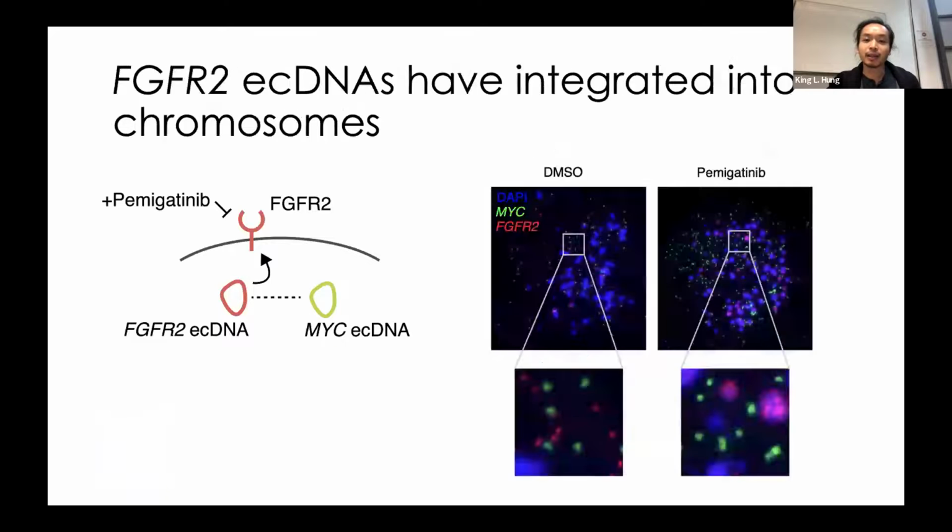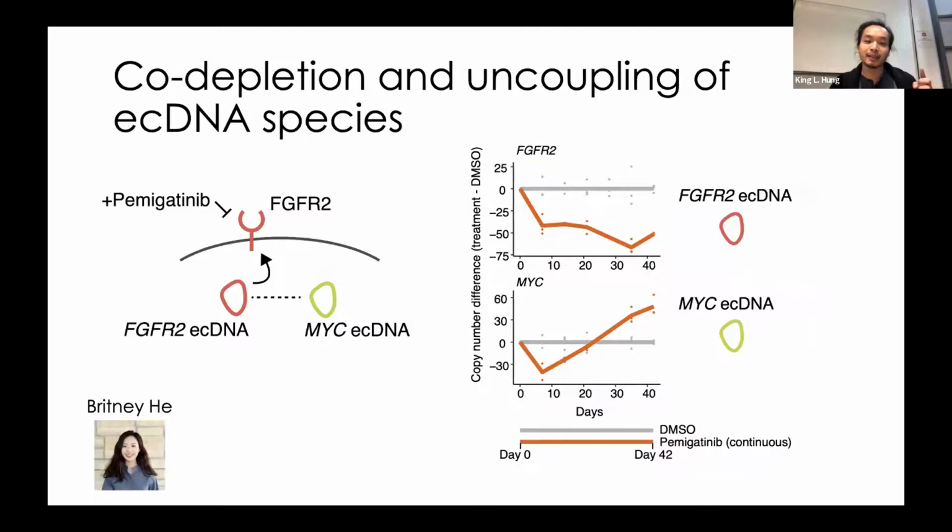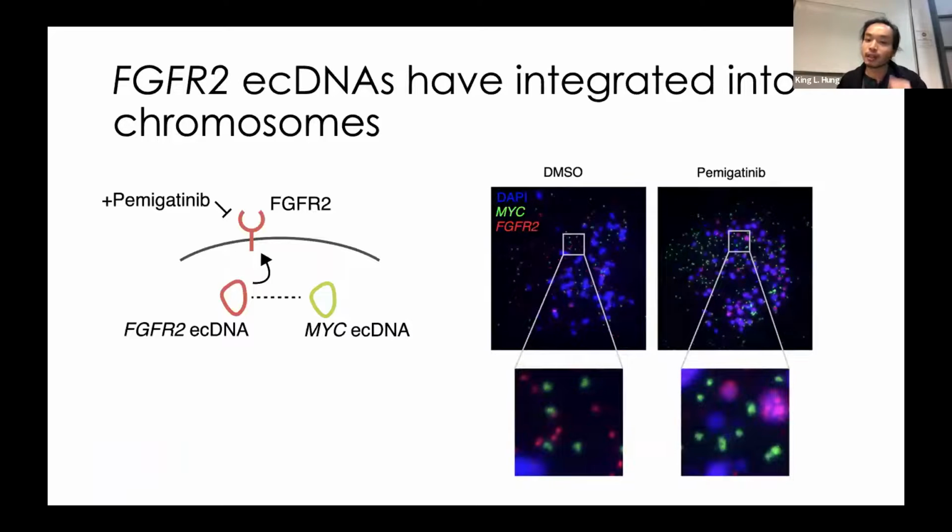And to ask how the MYC ecDNA can first decrease and then increase, we wanted to ask whether there are large structural changes in the genome. So to answer that question, we did metaphase spreads of these cells at the end of the experiment. And what we found was that in the control, the FGFR2 and MYC ecDNAs remain separate ecDNAs, but in the pemigatinib treated cells, the FGFR2 ecDNAs actually jumped into the chromosomes.